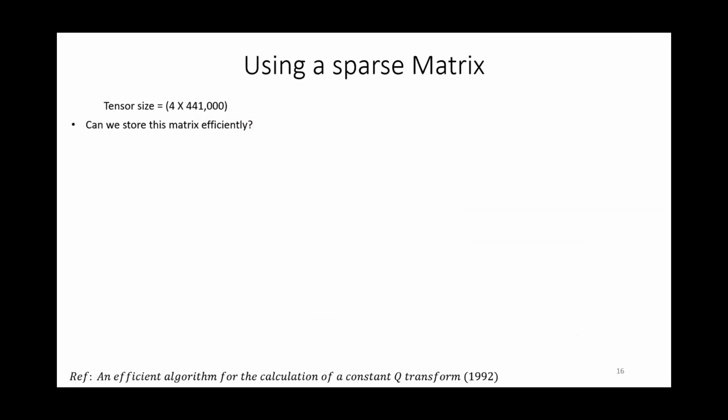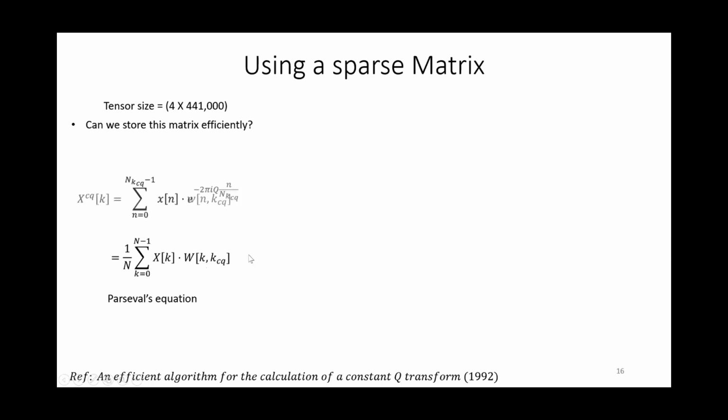That's why in 1992, some people proposed using a sparse matrix to store the CQT kernel, because we don't have that much memory to store everything. So the idea behind it is that they convert the time domain signal into the frequency domain signal, and they also convert the time domain kernel into the frequency domain kernel.